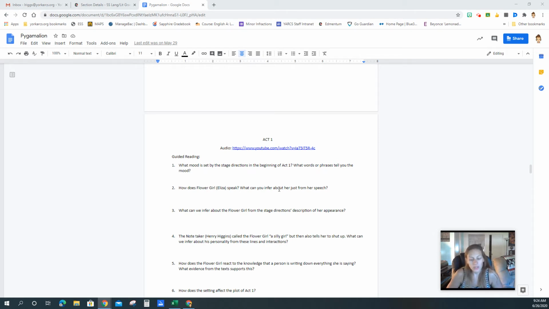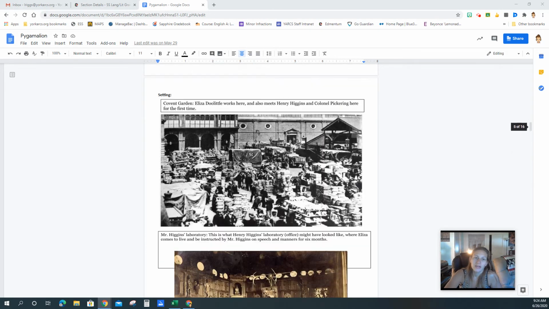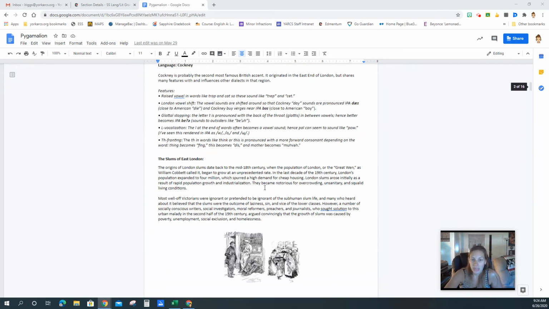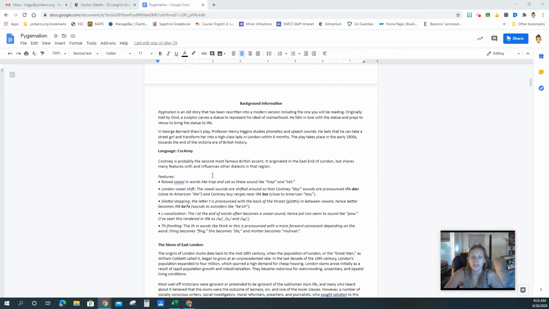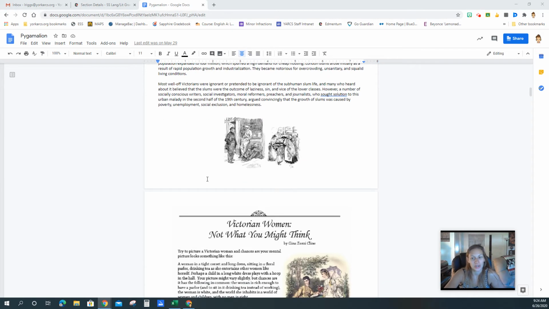Remember last time we talked about, and in that information up top, we know that Eliza speaks a certain dialect of English. It's called Cockney. It's from the London slums, and it can be really difficult to understand.